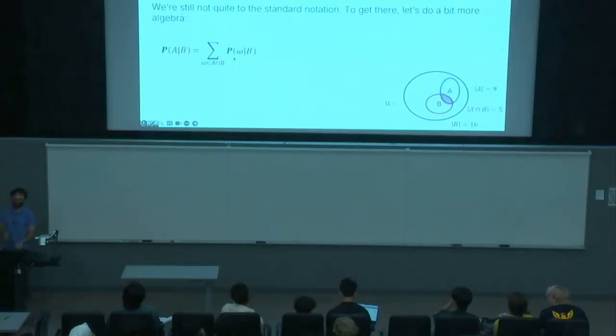Okay. All right. So we're still not quite to the standard notation, so I'm going to do a little more algebra. This expression's fine, but I'm going to manipulate it slightly. We know that the conditional probability of a specific outcome is just the outcome probability divided by the probability of the event. This is what we did earlier, right? We said we have to rescale the probabilities.